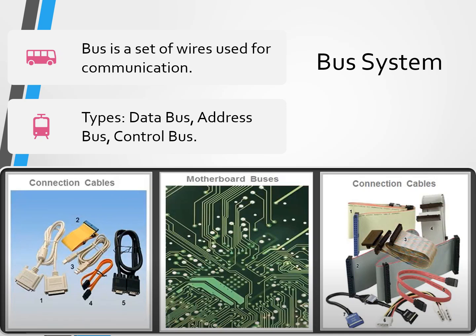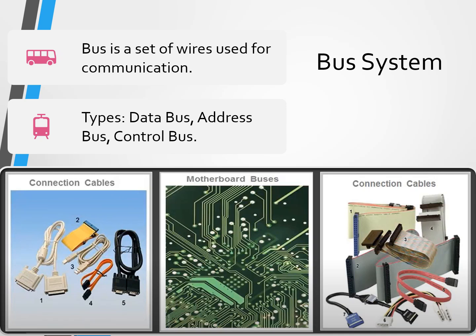Those are the buses that transfer information from one point to another in the motherboard. So here in the third image, there are some more examples of connection cables. Okay, so connection cables are an example of a bus system.